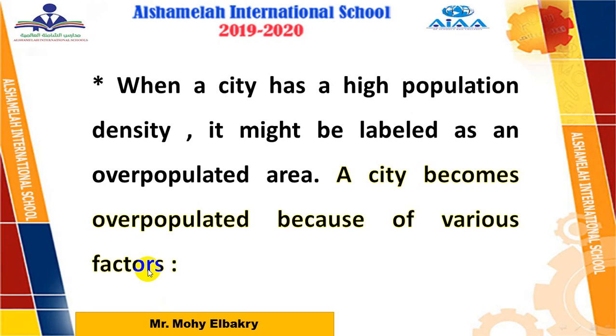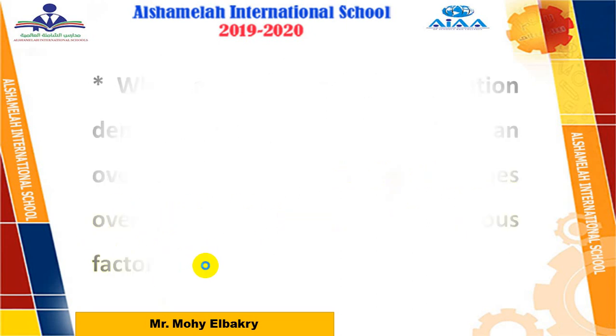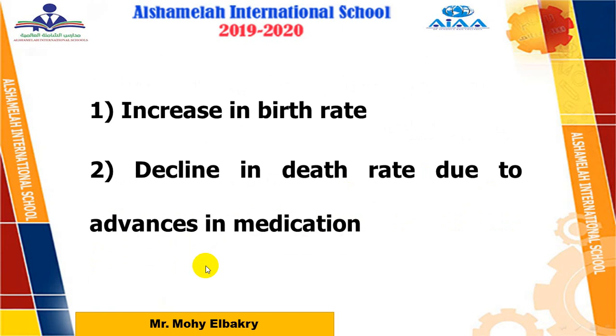So I can ask you a question: what leads a country or a city to be overpopulated, to be full of people? We are going to mention 6 factors or 6 reasons.